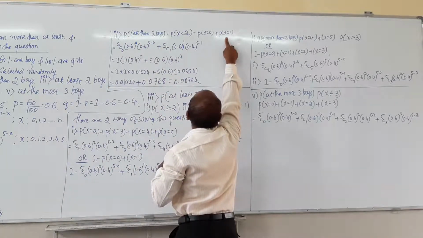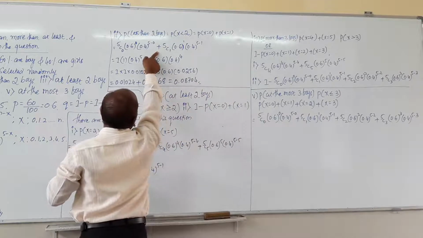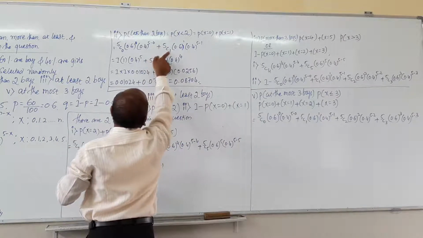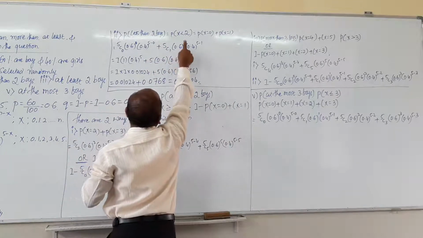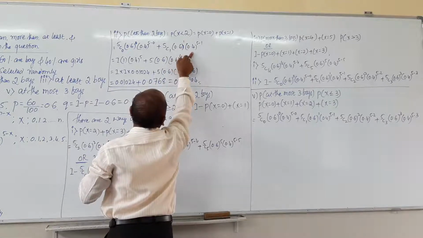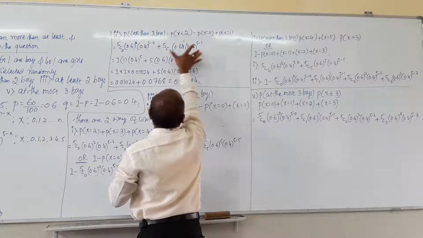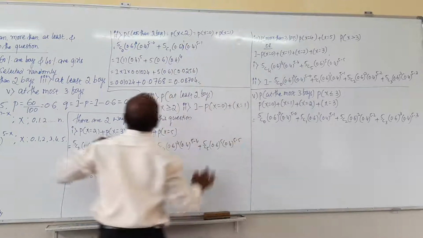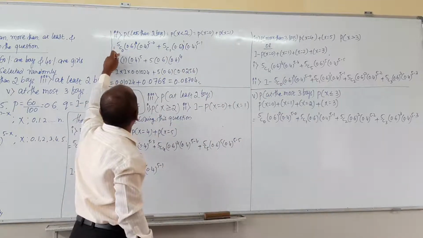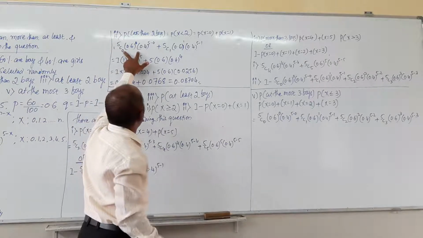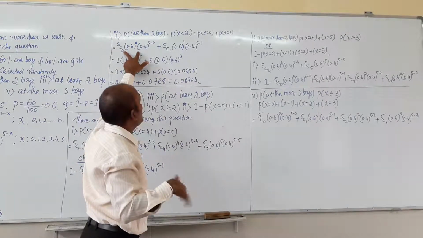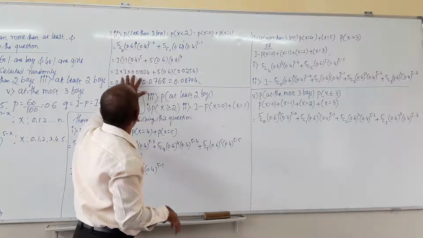Then we put x equal to 1, then plus 5C1, 0.6 raised to 1, then 0.4 raised to 5 minus 1. This term is related to the second one. After simplifying 5C0, 0.6 raised to 0 and 0.4 raised to 5 minus 0, you will get this result.